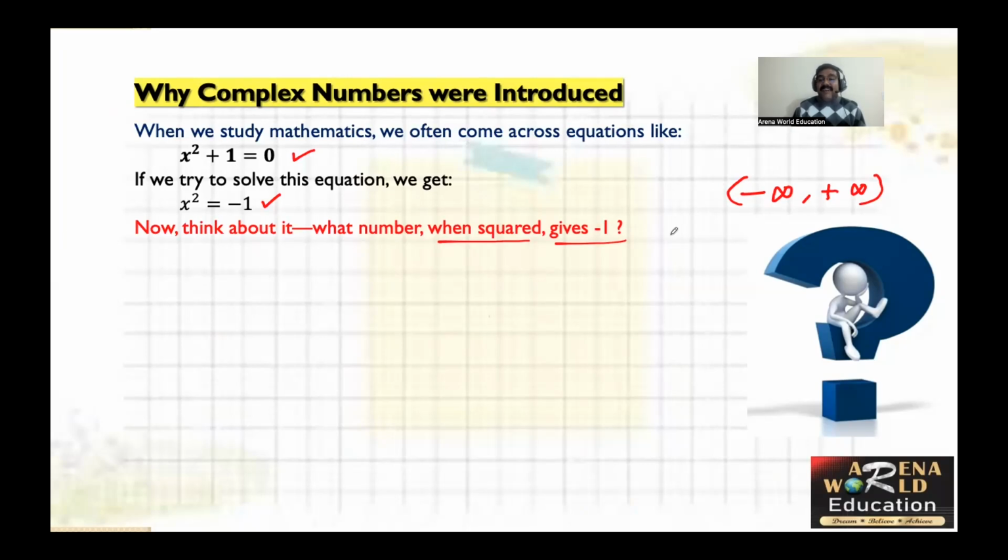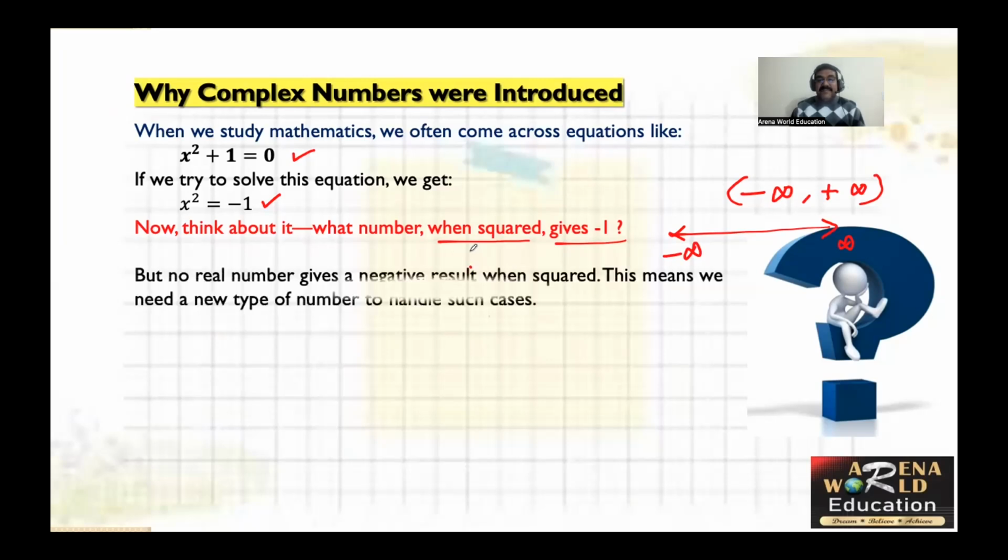Is there any number on the number line from minus infinity to infinity which when squared gives the answer minus 1? There is no real number that gives a negative result when it is squared. This means we need a new type of number to handle all such cases.